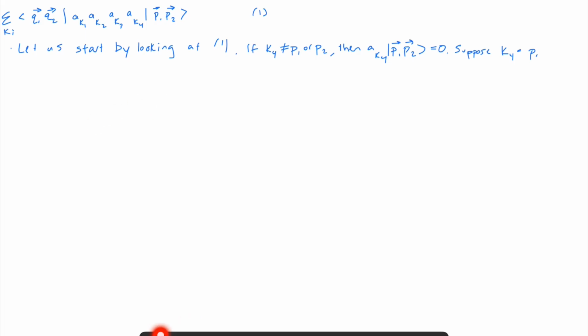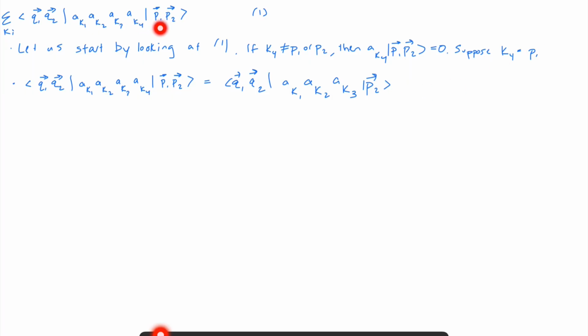So when it's not p1 or p2, this whole thing will just equal 0. That won't contribute anything to an amplitude. 0 doesn't contribute anything. So that forces k4, if we're going to calculate anything that means anything, to equal either p1 or p2. Let's just suppose for this calculation that k4 equals p1. We're going to generalize this later and include all possibilities, but just for now, let's say k4 equals p1.